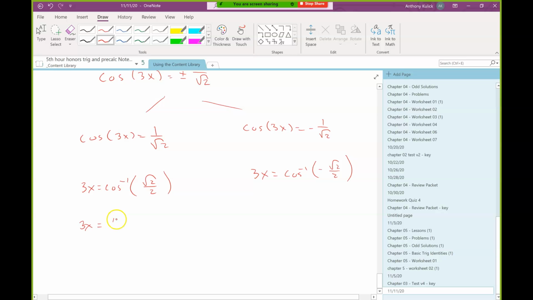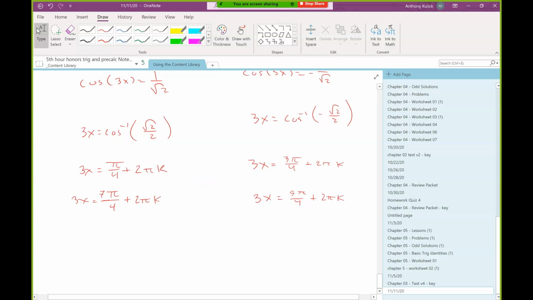so when I go to my unit circle, I get pi over 4 plus 2 pi k, and I also get 7 pi over 4 plus 2 pi k. And here I get 3 pi over 4, and I get 5 pi over 4. And then I'll divide both sides by 3.